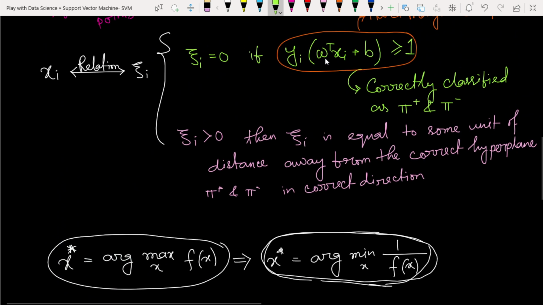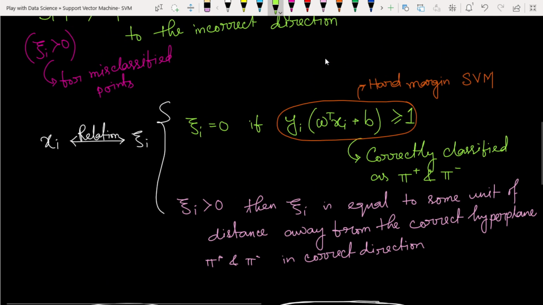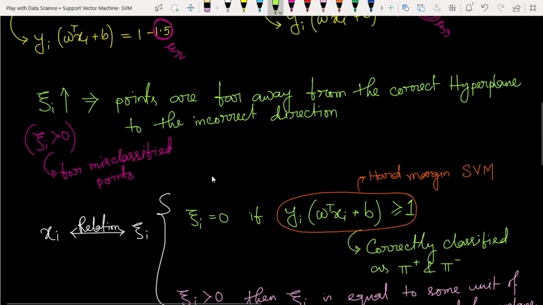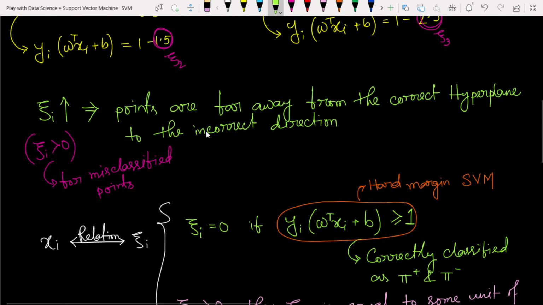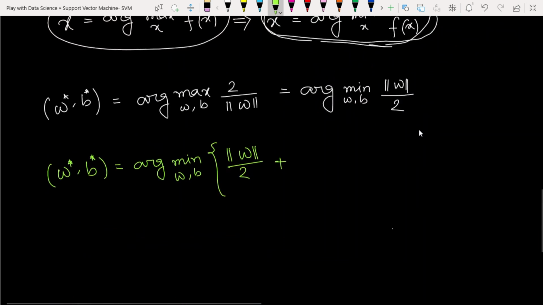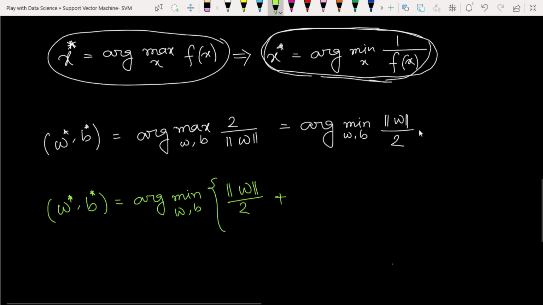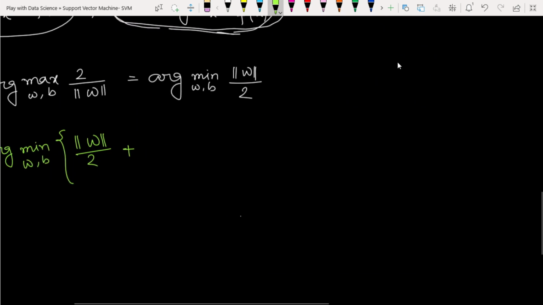Here we are interested in minimizing this zeta. If zeta increases, the chance of misclassified points increases, because points are then far away from the correct hyperplane in the incorrect direction. So we are interested in minimizing the error. Before writing this, let me write this here.